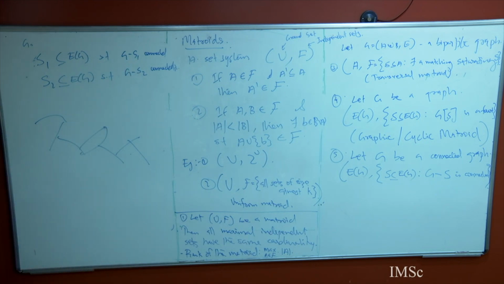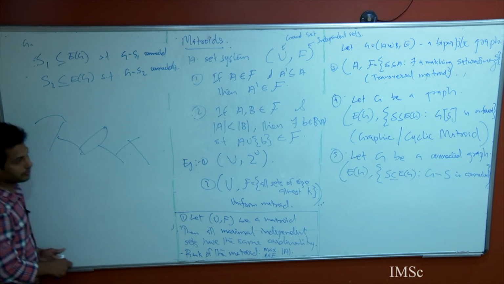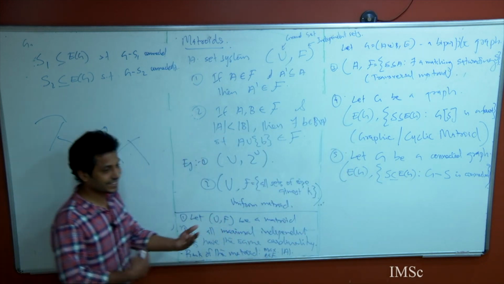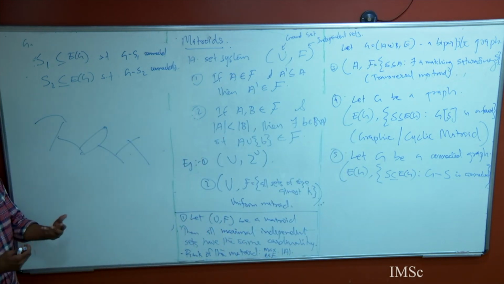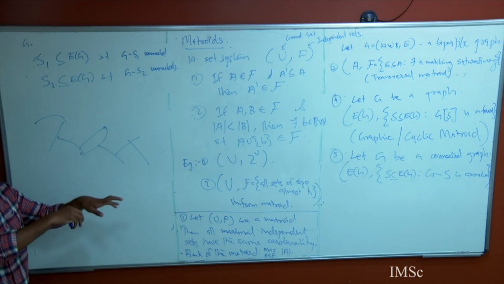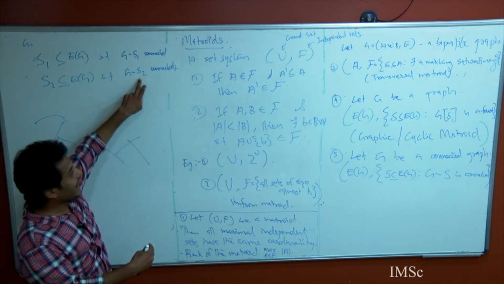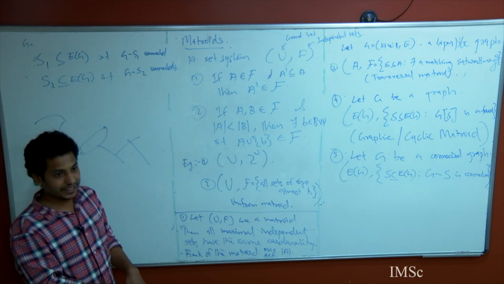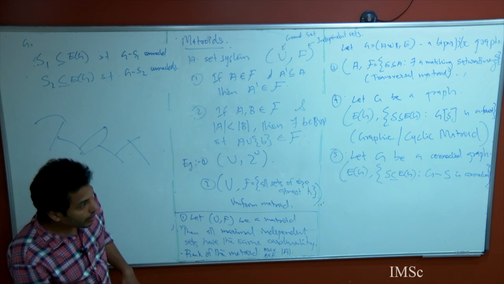Which edge can we not add to S1 and satisfy this property? It means that it is a cut edge, right? So the edge which, when I delete it again from S2, which is not in S1, the graph should get disconnected.